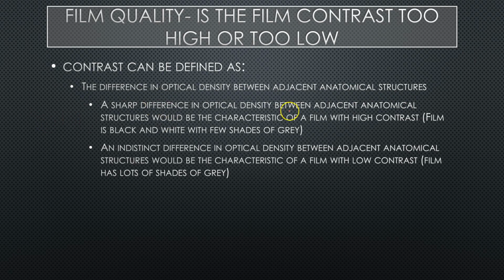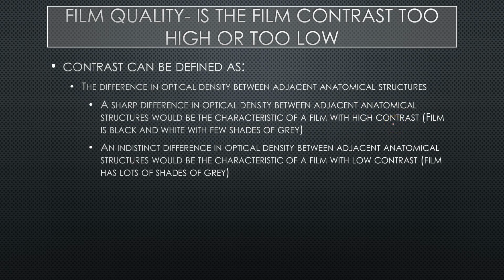So a sharp difference in the optical density between adjacent anatomical structures, if we're talking from fat to muscle, or from muscle to bone, or from fat to air, those kinds of things, a sharp difference between those adjacent anatomical structures would be of a film with high contrast.